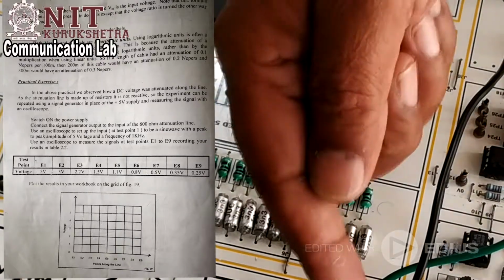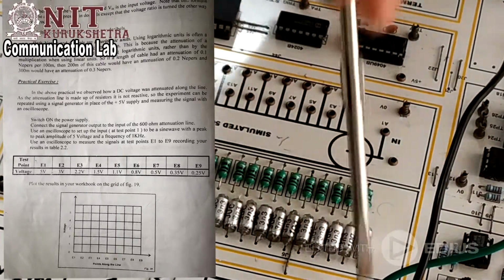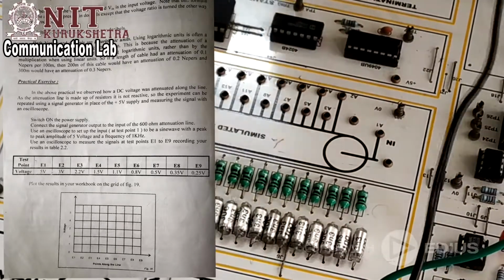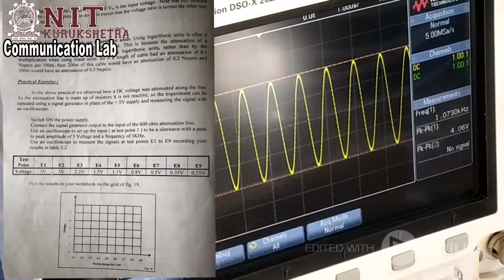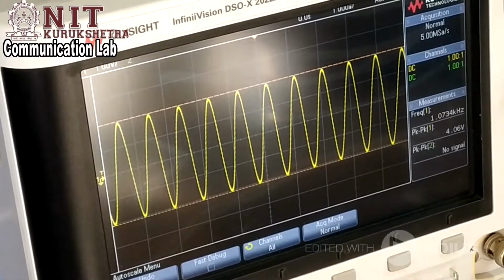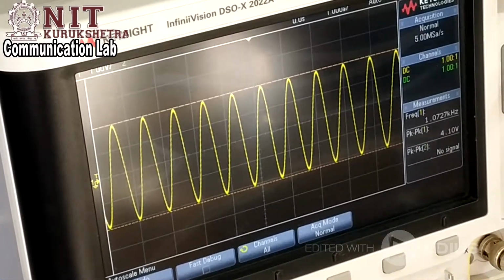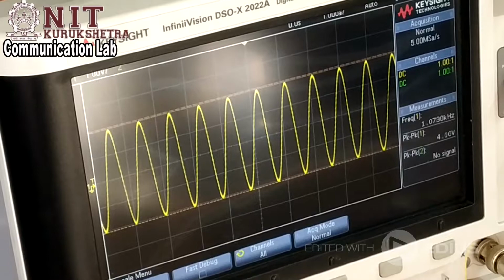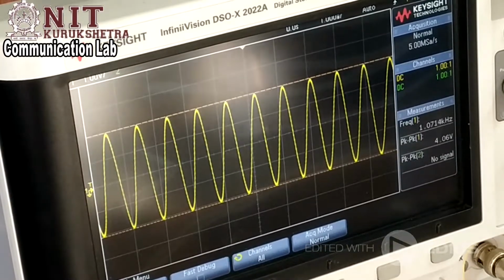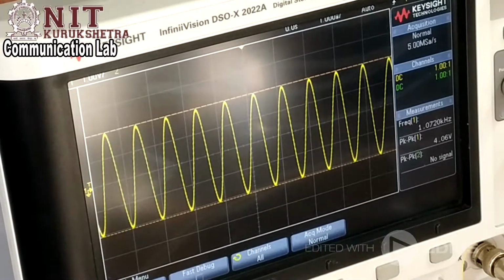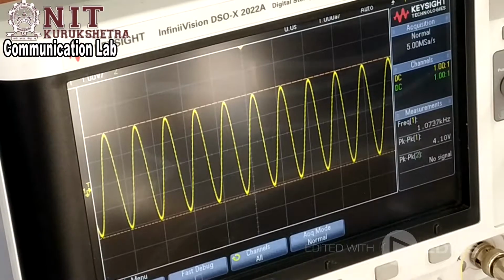First we are applying the signal at the input. This is the signal. The frequency is 1 kilohertz and the input is 4.1 volt.